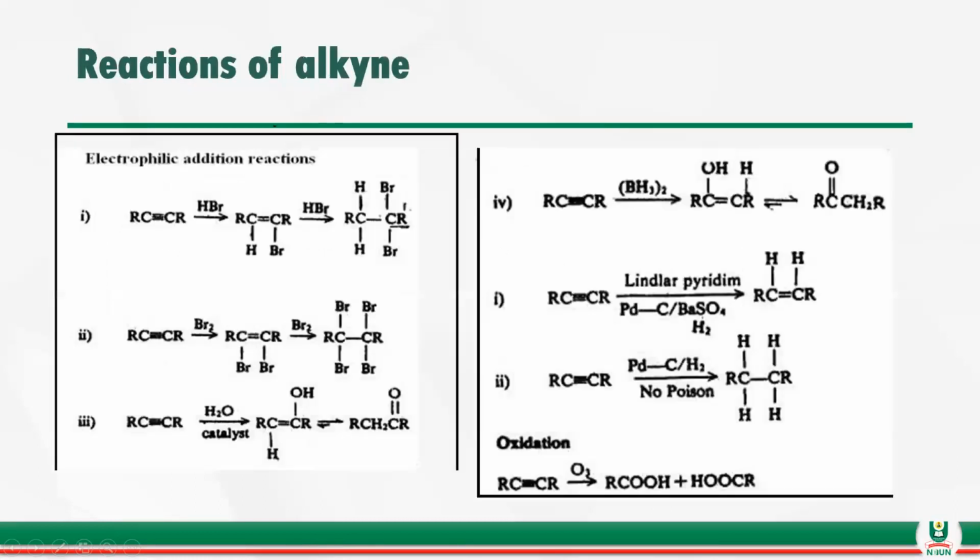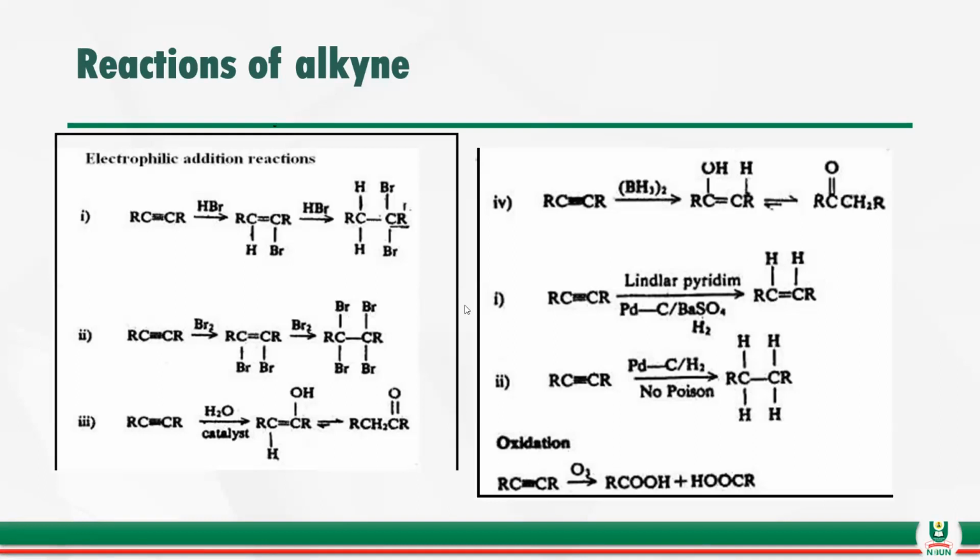Reactions of alkyne. Just like I mentioned to you last time when we were looking at the reactions of alkenes, alkynes will undergo almost all the same reactions as alkenes, because in alkene there is a carbon-to-carbon double bond, one pi bond, while in alkyne there are 2 pi bonds. So alkyne is even going to be more reactive than alkene.